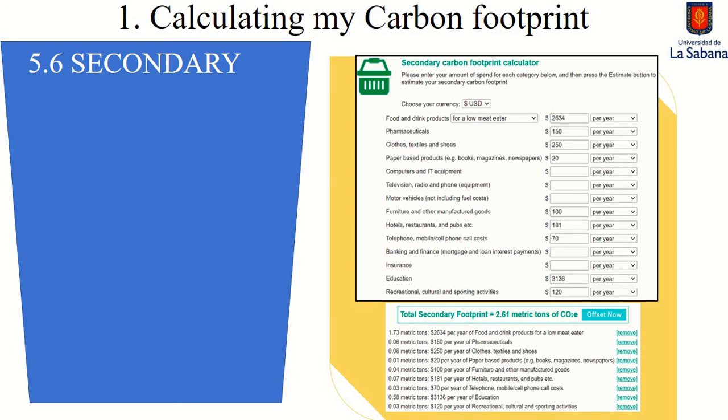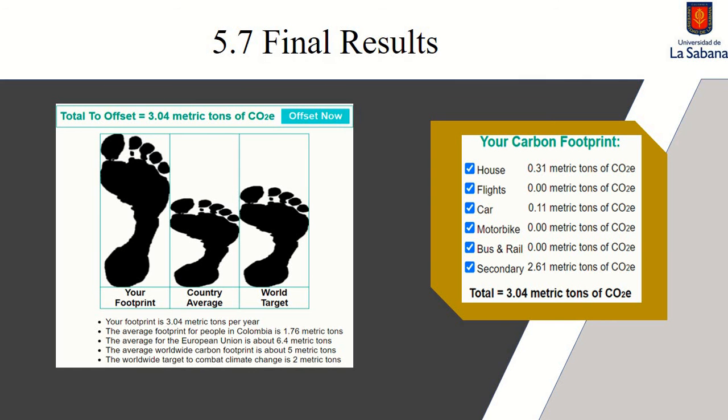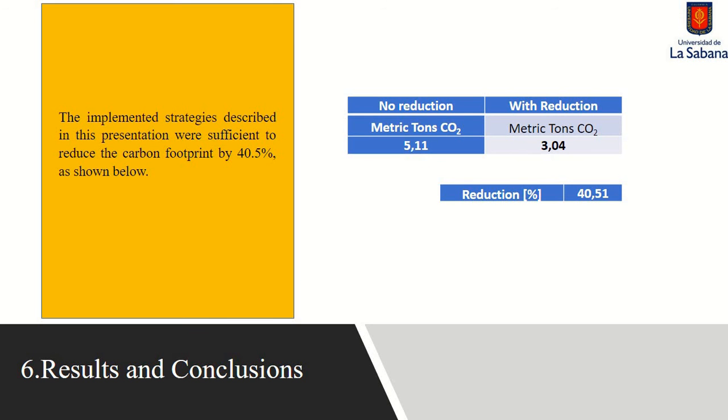Here is the data summary, and the total secondary footprint is equal to 2.61 metric tons of CO2. Final results: the total of my carbon footprint is equal to 3.04 metric tons of CO2.